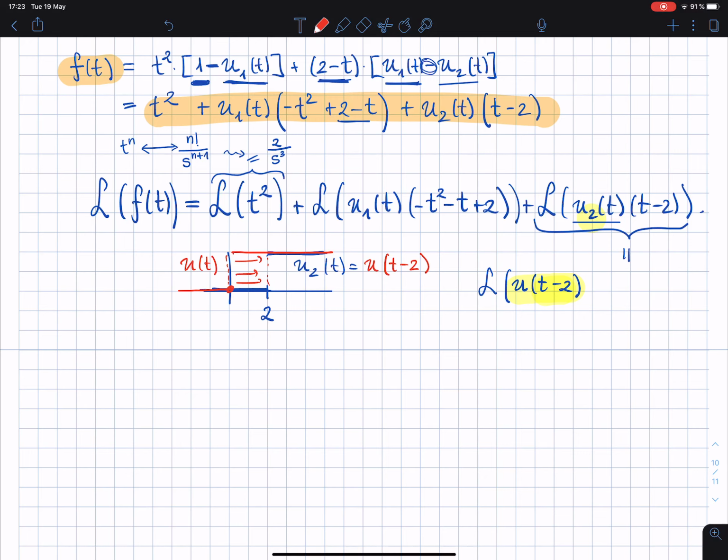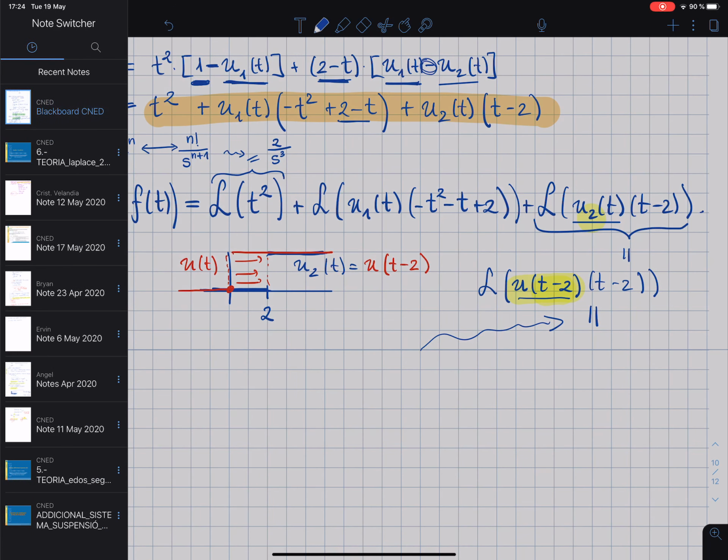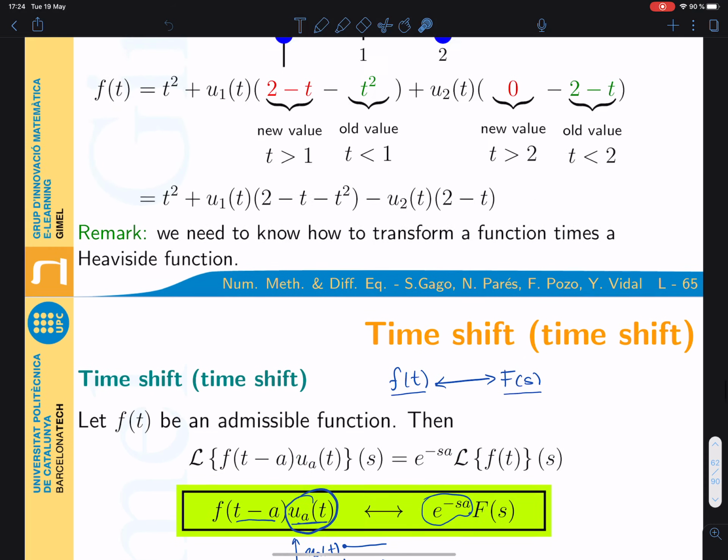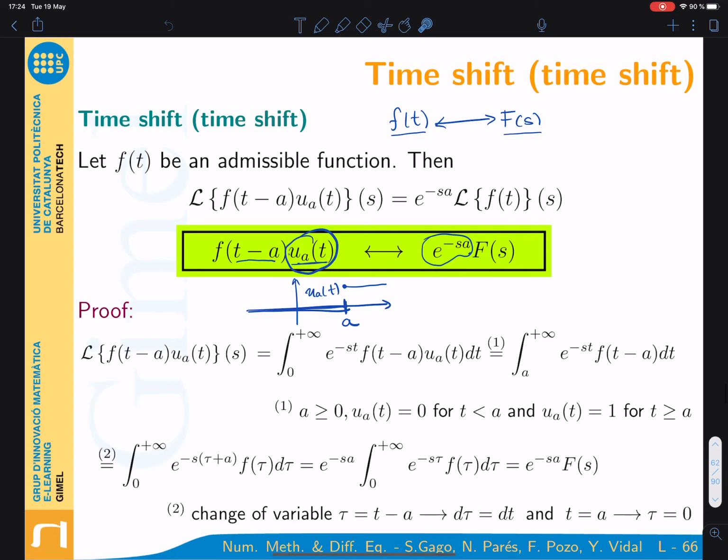So in that way, if we use this other notation, it's much simpler to compute the Laplace transform, which we will do now by using the property we saw at the beginning of this video lecture. Remember this property here. I will write it down there. Maybe it's easier if I copy it, so you will see it like it looks here.